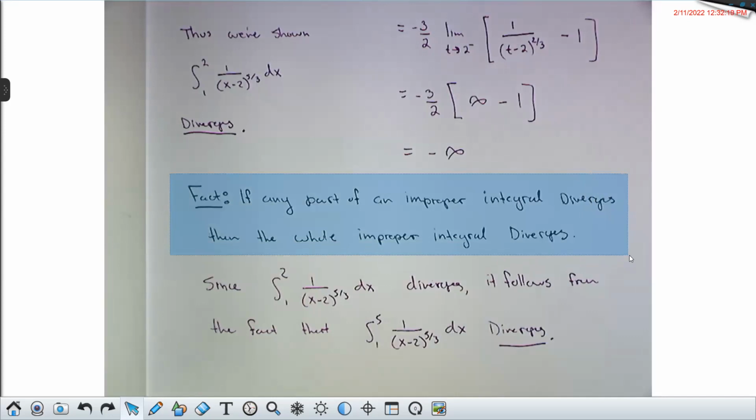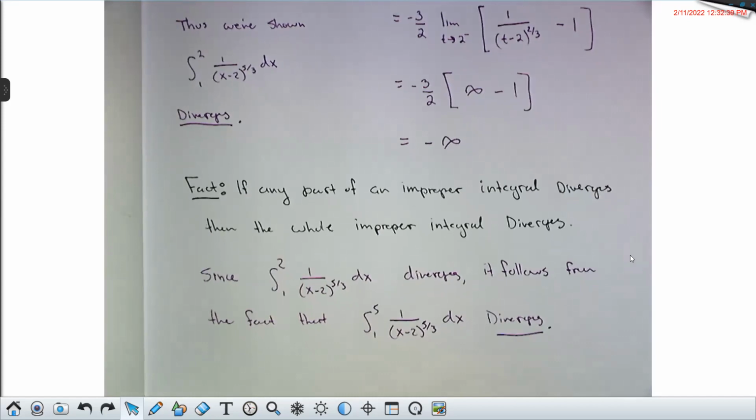If you're looking at a big, scary, improper integral, you split it up into several different improper integrals. As soon as you find one piece that diverges, you can conclude that the whole thing diverges. Now, the converse is not true. If one piece converges, that doesn't mean the whole thing converges. But if one piece diverges, it is true that the whole thing diverges. Questions on this?